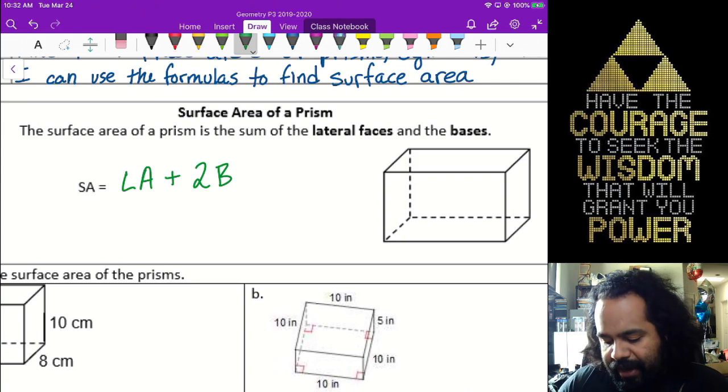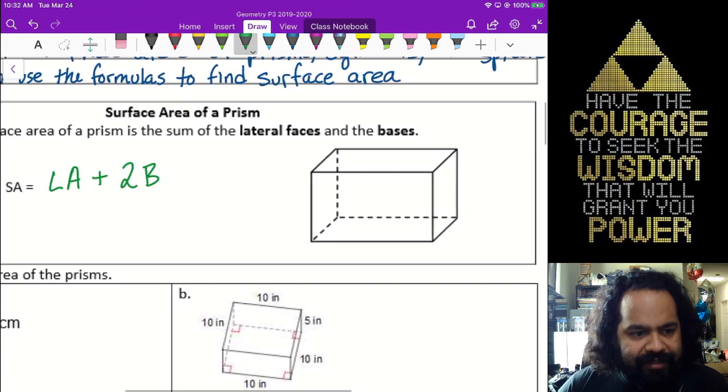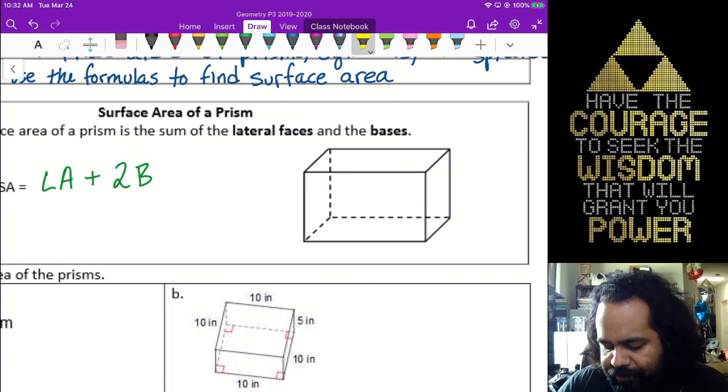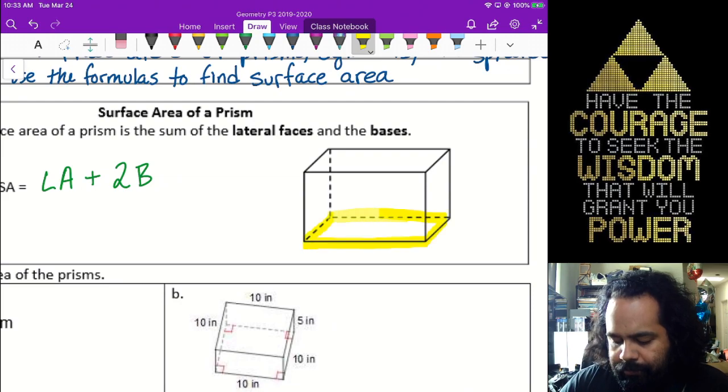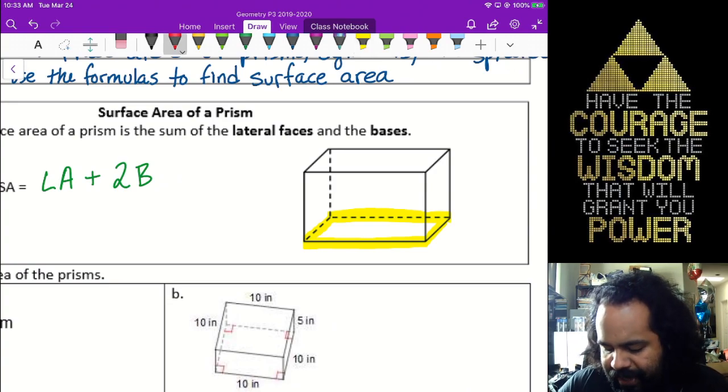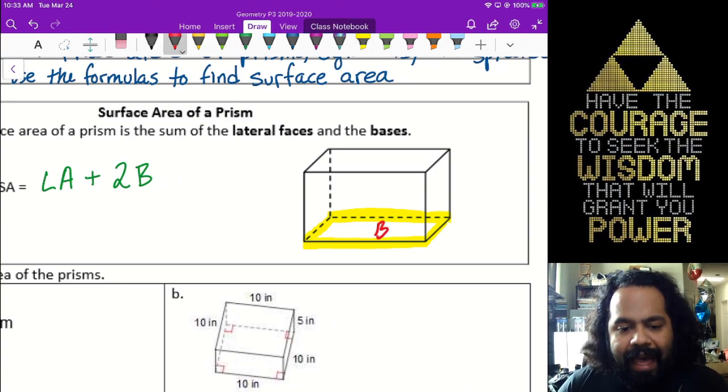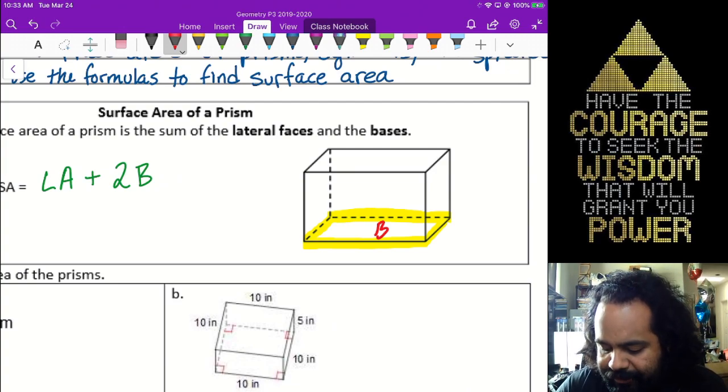For lateral area, there's a way to simplify it. I'm going to show you what lateral is versus bases. If I treat the bottom of my figure as the base, this part here is my base. It's the bottom part of my solid, so I'm going to call that B. The lateral part is the part that goes around the bases.